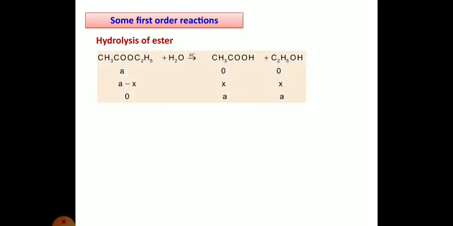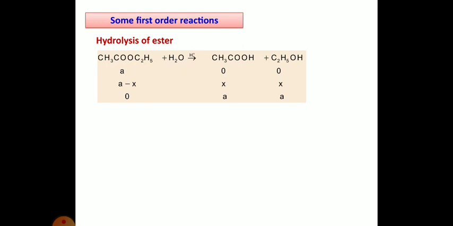Now students, some first order reactions, some of the examples that we have taken here, in which hydrolysis of ester is a good example. Hydrolysis of ester in that particular reaction gives the corresponding acetic acid as well as ethanol.